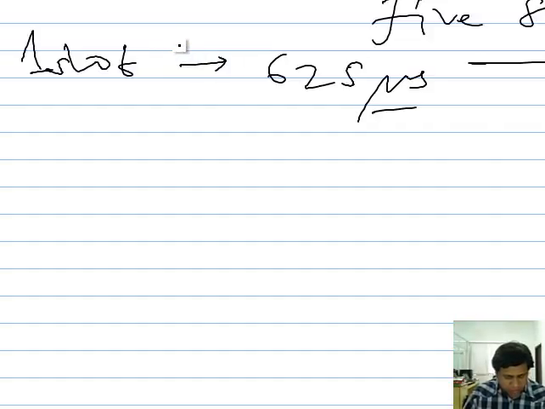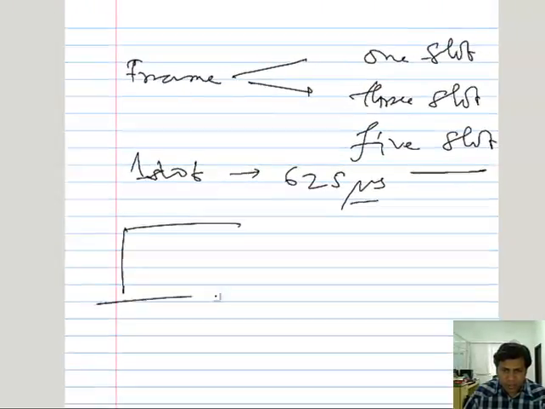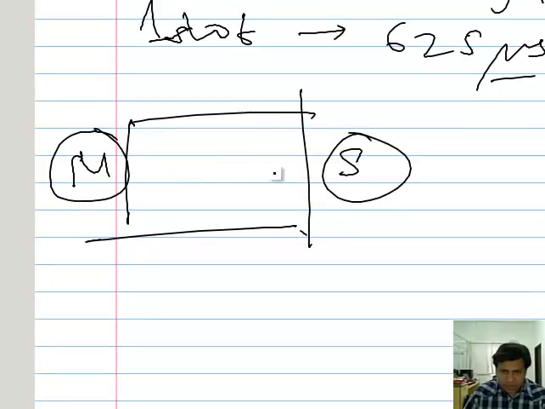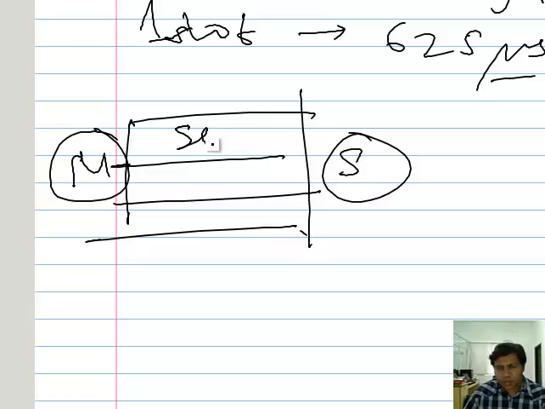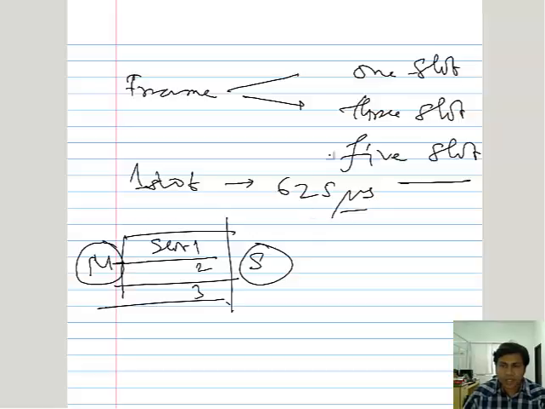Now we have to find out the effective communication. For example, Bluetooth is using this as master and this as slave, using three slots: slot 1, slot 2, slot 3. There is a frame exchange time, so we can calculate the effective time. For example, a slot gets a total of 625 microseconds.